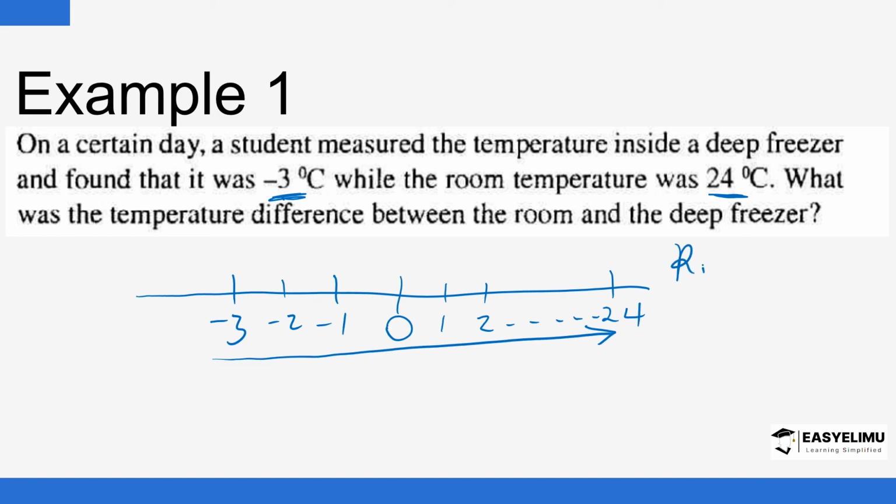So this is right, and this is left. If you look at 24 positive and -3, it means -3 is smaller. So that's what you'll be subtracting from 24.